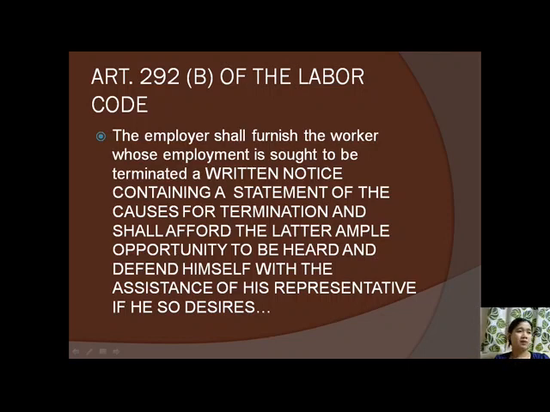However, it would depend. Although the jurisprudence provides that 5 days is already reasonable, it would depend on the employee's situation. For example, if the employee under investigation is in a coma because he suffered a vehicular accident after committing the offense, then you cannot say when the patient will be conscious. So of course, 5 days is not reasonable there.